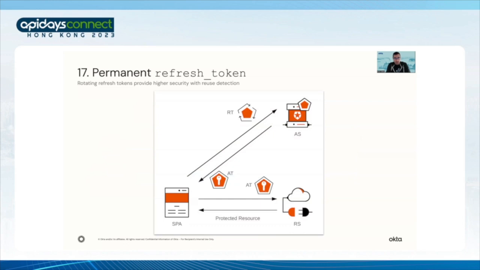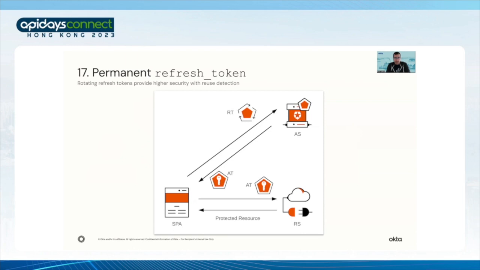Number 17, permanent refresh tokens. If your library or your authorization server allows you to use rotating refresh tokens, opt in for that, because with a permanent refresh token, we have no way to detect if the refresh token is leaked to the internet.